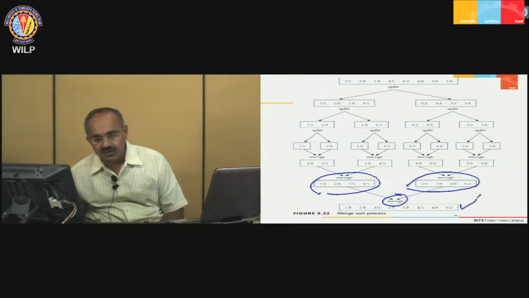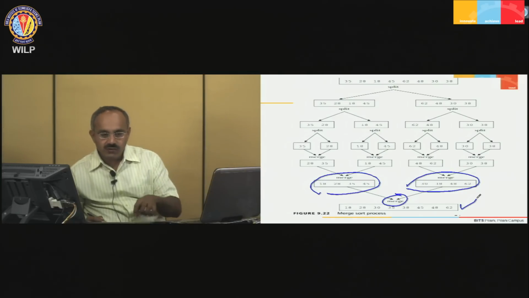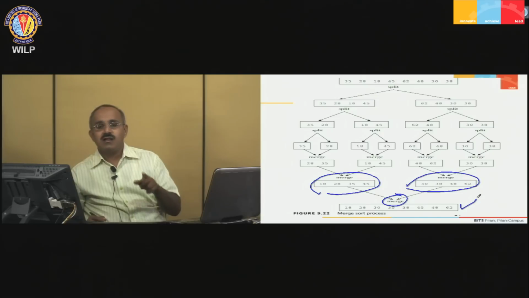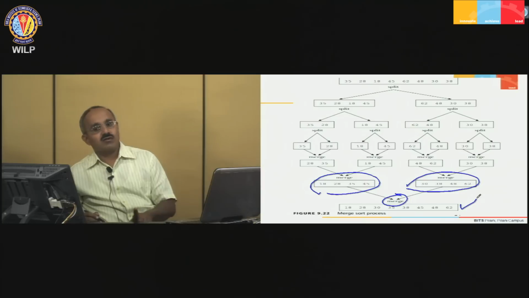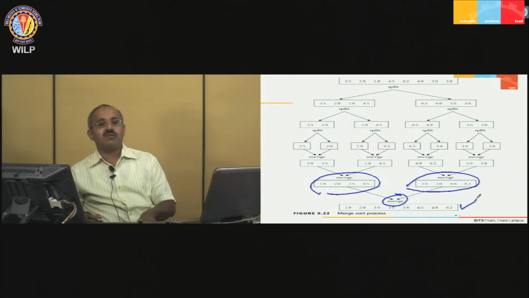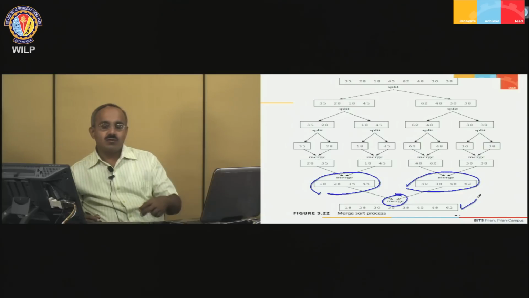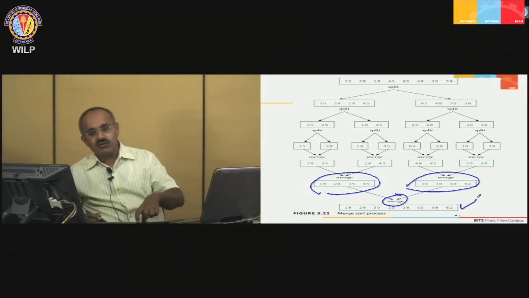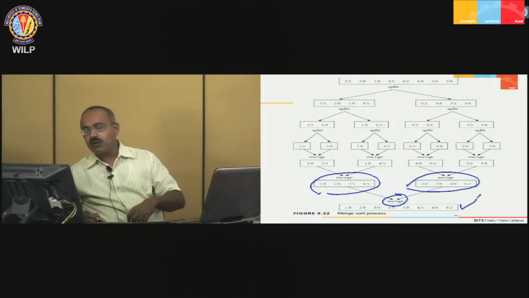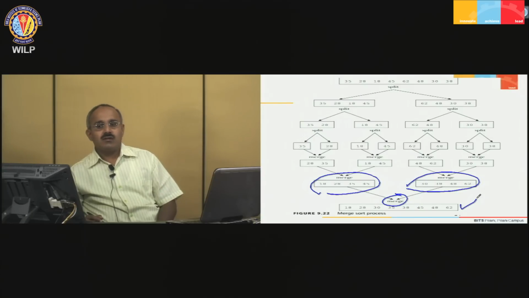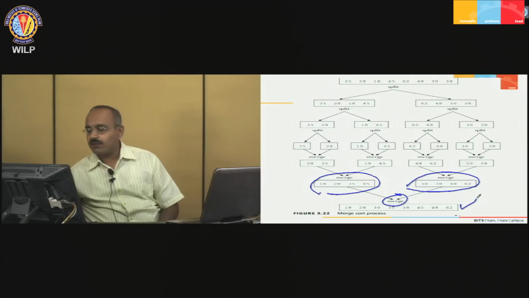So, the procedure is easy to understand. Keep on dividing into halves until you reach one element sequences, which we know are already sorted. From these, combine to form two element sorted sequences, then go to four, and keep on doing this until you get the original sequence in a sorted manner.